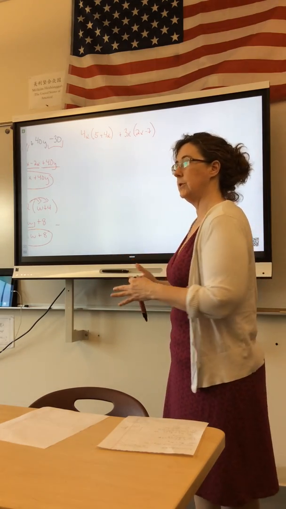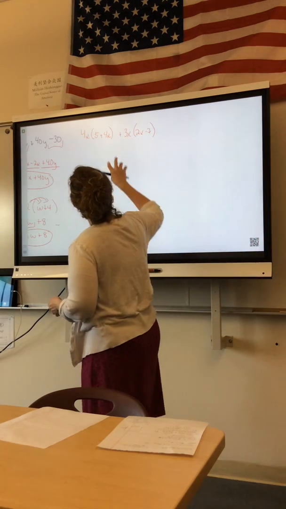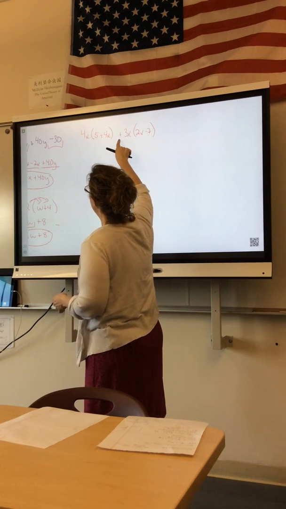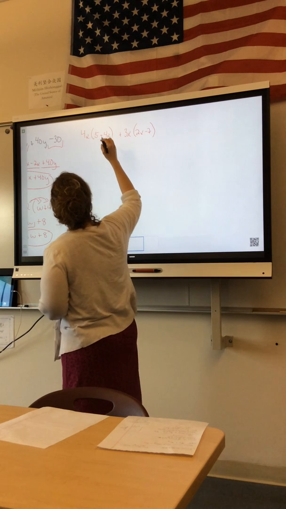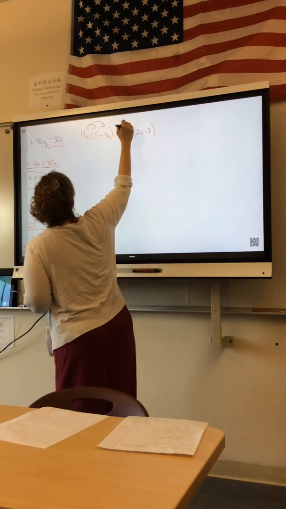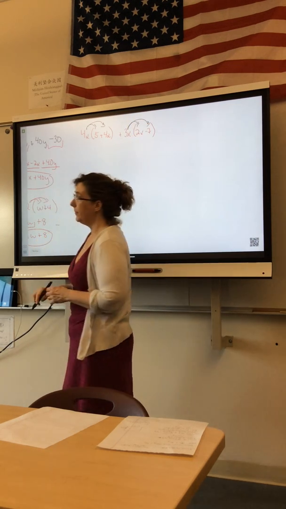Do a double distribution, or distribute twice. So this is one distribution, and this is another distribution, and they're separated by that positive there. So I want to distribute the 4x into this, and then distribute the 3x into that term.